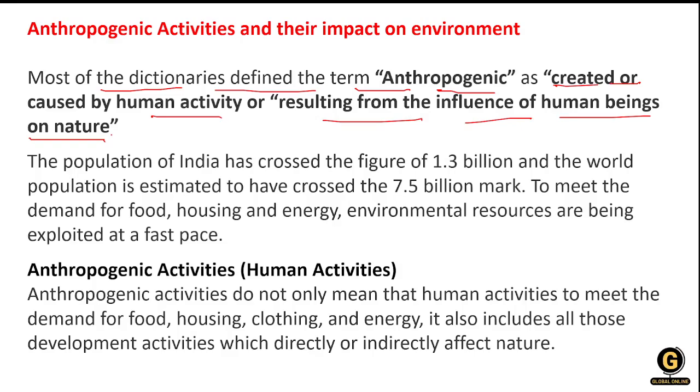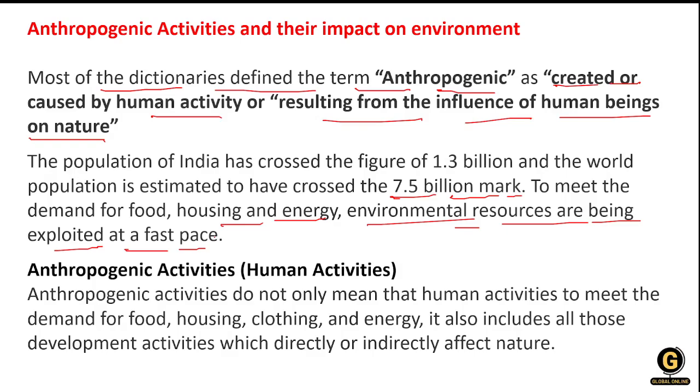The population of India has crossed the figure of 1.3 billion, and the world population is estimated to have crossed 7.5 billion, right? To meet the demand for food, housing, and energy, environmental sources are being exploited at a fast pace. Getting it? What I'm telling?